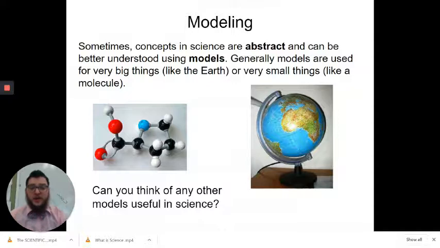The other type of models that get used in science are models for things that are super duper teeny tiny. All right, you guys all know probably what genes look like and what DNA looks like. Its shape, that idea, the double helix shape, right? But that's so tiny that we've used models to explain that.